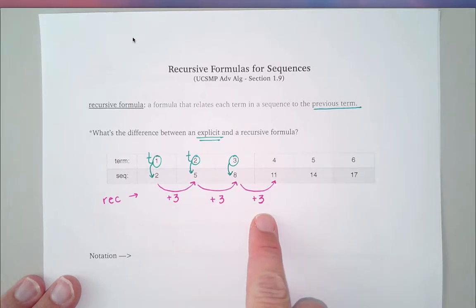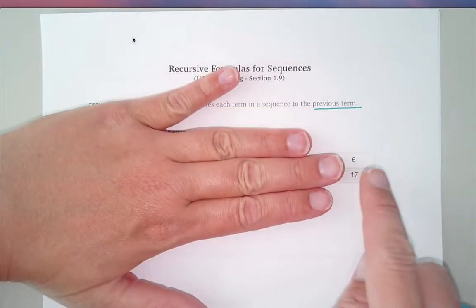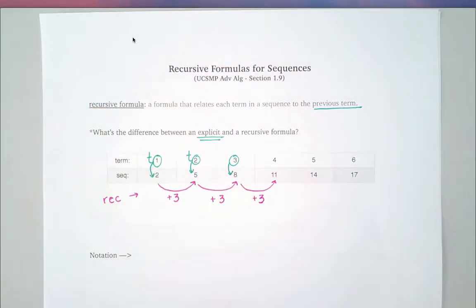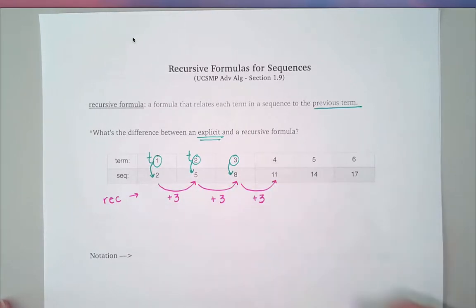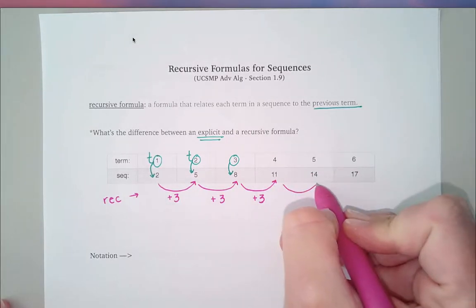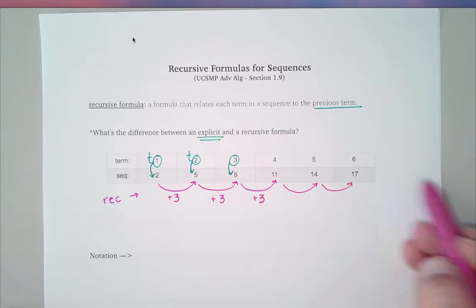No fancy math there or anything. However, if I wanted to jump down to term 6, I don't have a way to just get there. I can't find term 6 without counting all the way up, right? I would have to follow this train all the way down. And that means that if I were to ask you for term 27, we might be here a while.